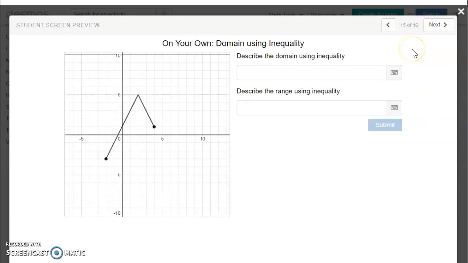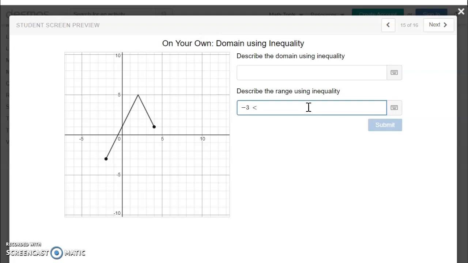Okay, now let's try to use that description in inequality form. So we just say it extends from -3 to +5 for the range. So I'm going to start with that. So it goes from -3, the smaller number, and we need the alligator mouth, okay, inequality.